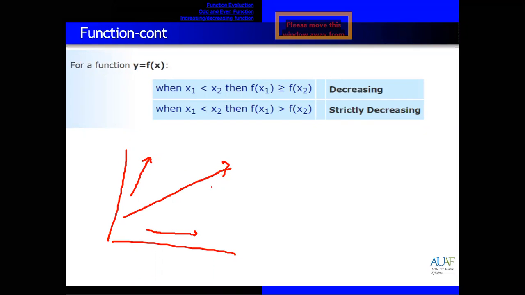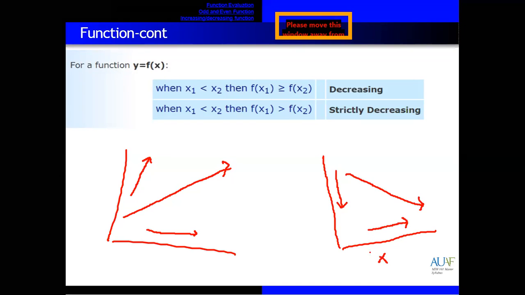This is an example of an increasing function. But if we have a graph like this one, this is the graph of a decreasing function. In this, one variable is increasing but the other variable is decreasing. As x values increase, y values are decreasing.